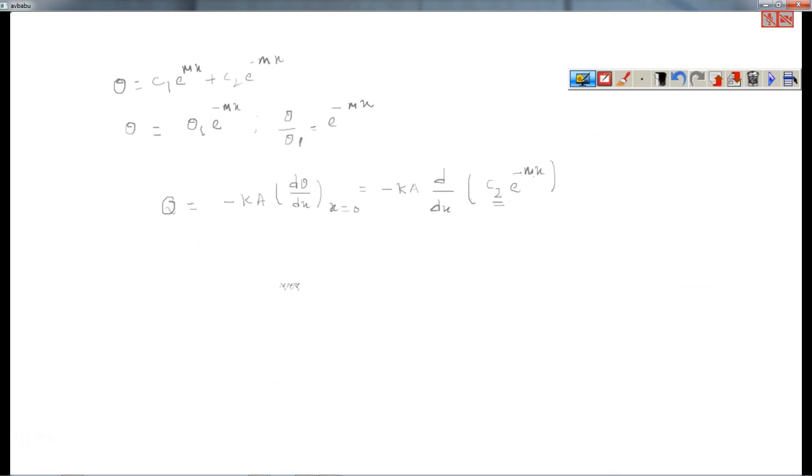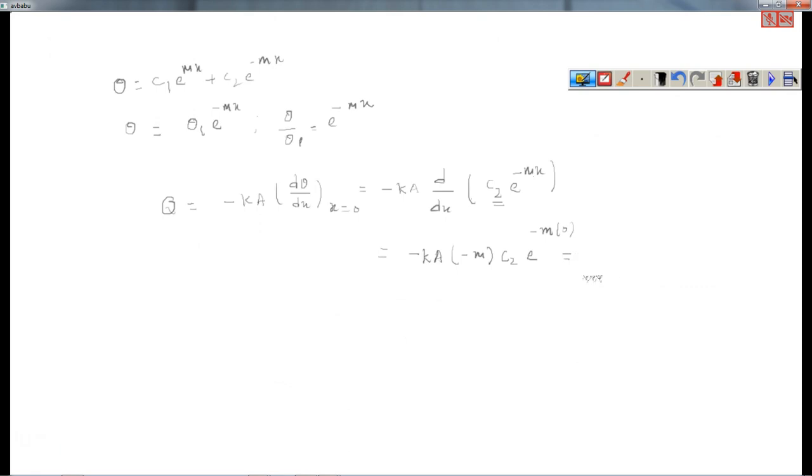So this is equal to minus kA into minus m into C2 into e to the power of minus m, and x equals 0, this is equal to 0.